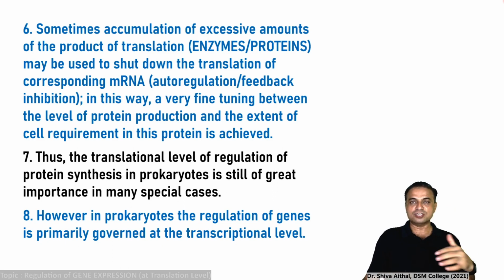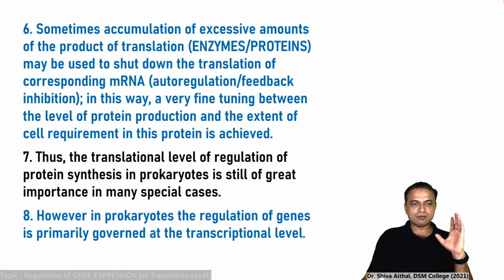That is autoregulation or feedback inhibition. In this way, the fine tuning between the level of the protein produced and the extent of the cell requirement, how much the cell is requiring that protein, that fine balance is maintained or achieved. So translational level of regulation of protein synthesis is still of great significance in many special cases.